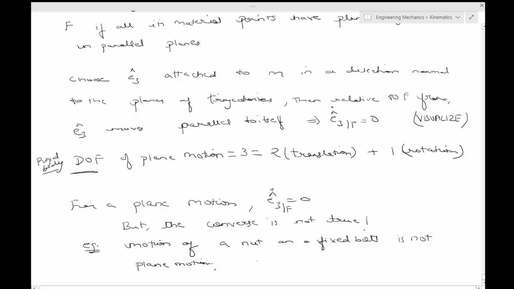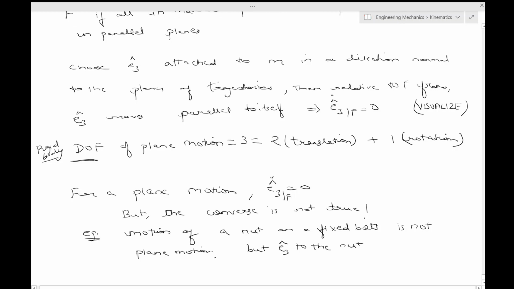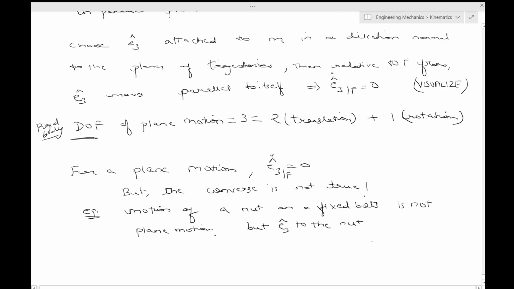But if you attach E3 to the nut, let me try to draw that easily. So if you have this as your nut, and this is your E3, then as the nut moves, E3 dot will be equal to 0, but it is not a plane motion.